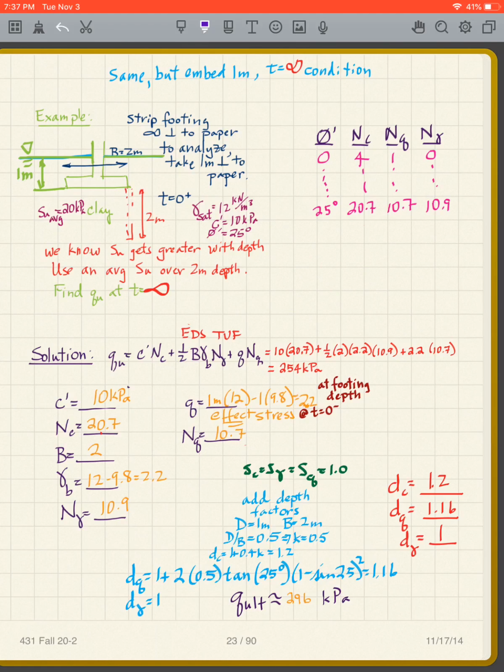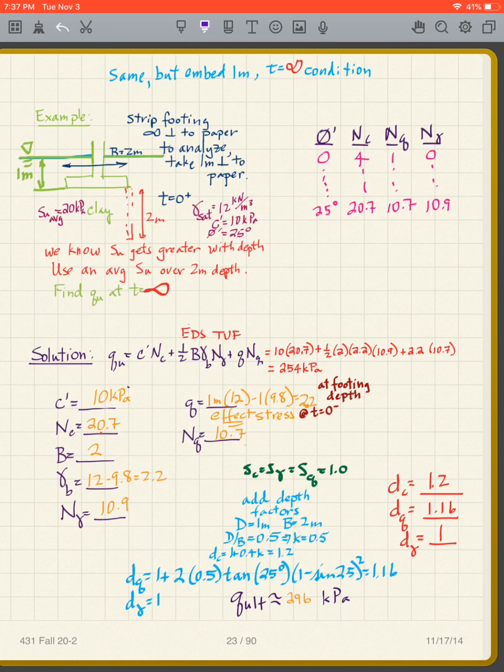That is our Q. And the NQ is given as 10.7. It's over here. So now I just simply plug into my expression, and it's just a matter of plugging it in, and now I get 254 kilopascals.